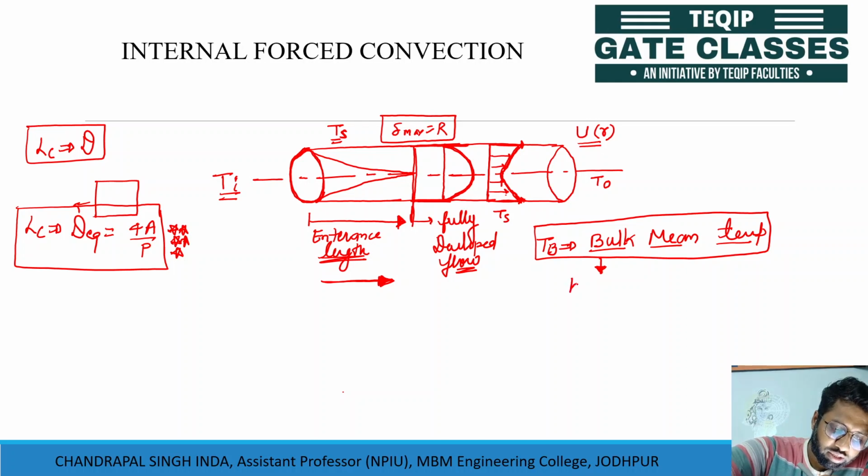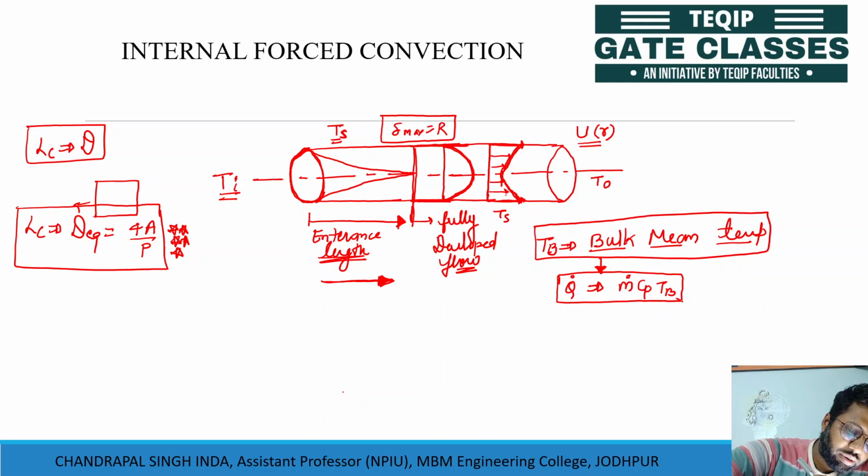Now this is the enthalpy. Enthalpy is equal to m dot cp T. So the total thermal energy is Q equals m dot cp Tb. This is the total thermal energy transferred to the fluid at that section.